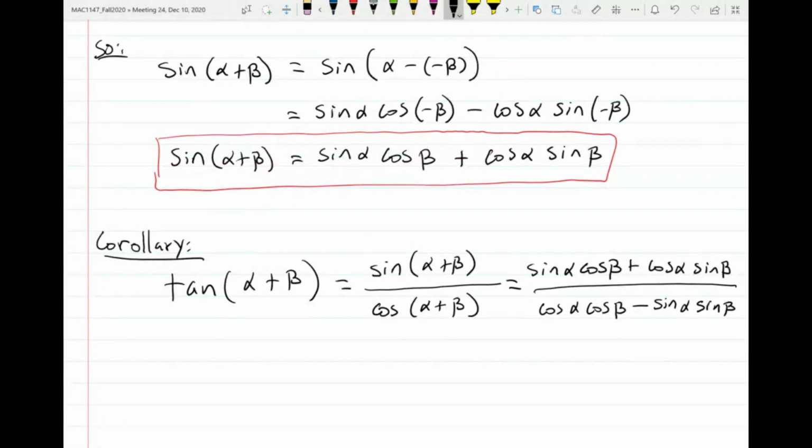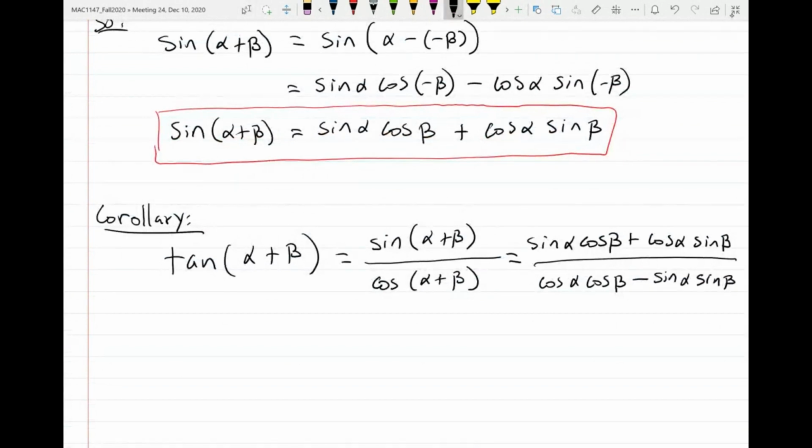Okay, so now, instead of leaving it like this, we're gonna clean this up a little bit. So I'm gonna play some tricks, actually not some tricks, just one trick. I'm going to divide top and bottom by cosine of alpha, cosine of beta. In other words, I'm gonna divide top and bottom by this guy. So it looks like this: we have sine of alpha, cosine of beta, and dividing this by cosine of alpha, cosine of beta.